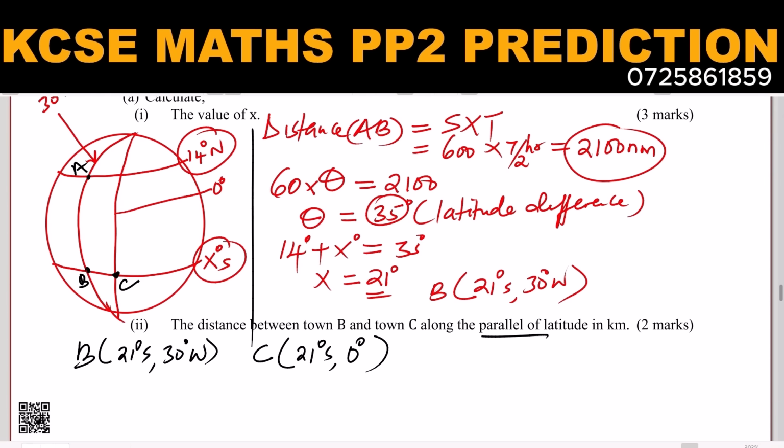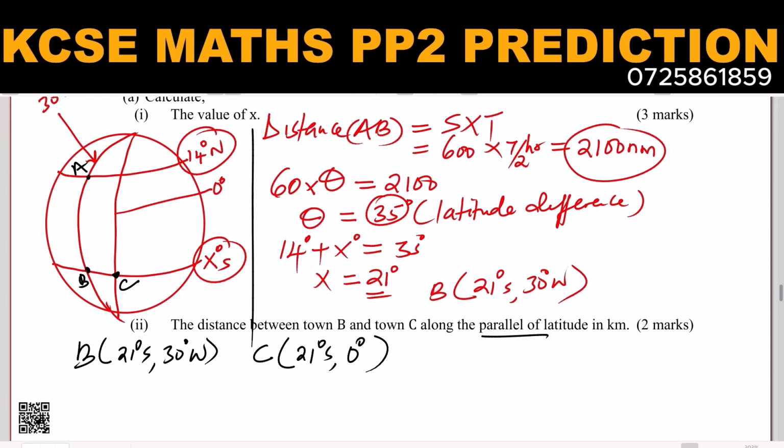So what is the longitude difference? Longitude difference is 30 plus 0, that will be 30 degrees, divided by 360 times 2 pi, where pi is 22/7, times cosine of alpha, the latitude angle. Both of them are lying on the same latitude, that is 21 degrees. So that is how you're supposed to work it out.